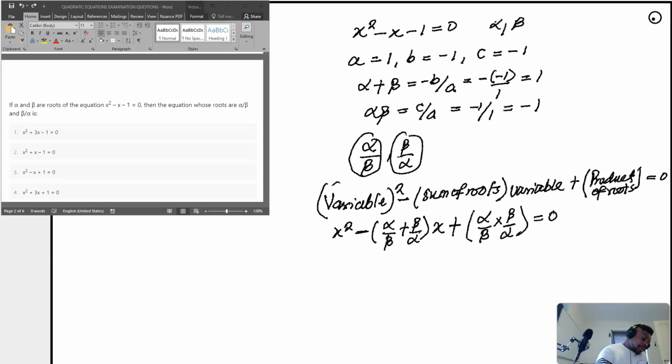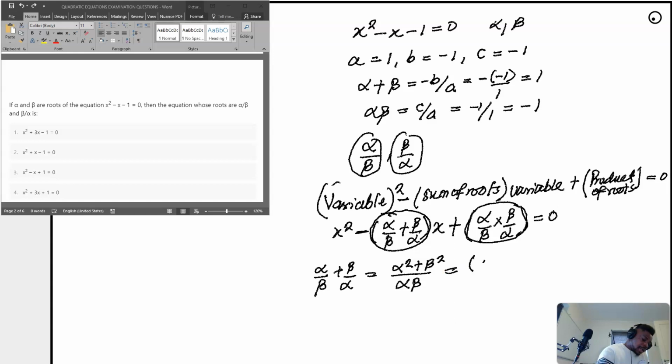So now we can easily get this one here and get this one here. Let's quickly do that. So alpha over beta plus beta over alpha, that will be alpha squared plus beta squared over alpha beta.